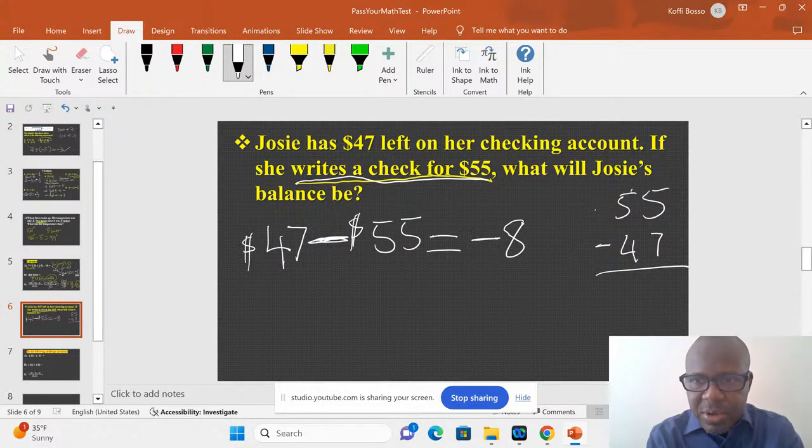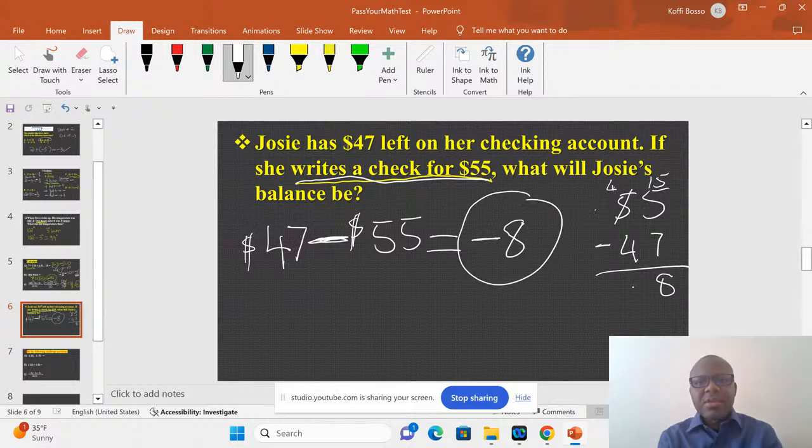Borrow 1 here, so I have a 4, and this becomes 15. 15 minus 7 is 8, and now 4 minus 4 is 0. Because 55 is the largest number, I give the sign of the 55 to the result. So that means I'm going to have negative 8. Okay, so let's continue.